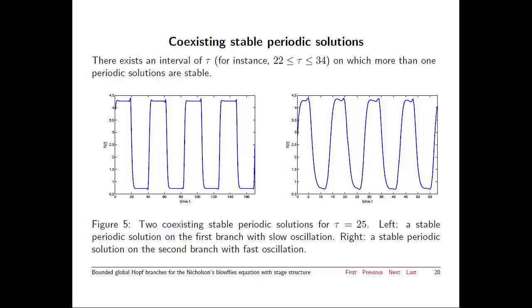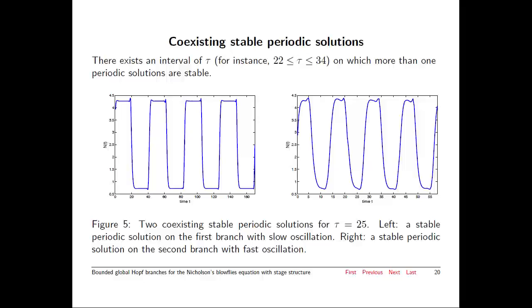The left graph is the stable periodic solution on the first branch, with slow oscillation and larger period. And this one is the stable periodic solution on the second branch, with fast oscillation.